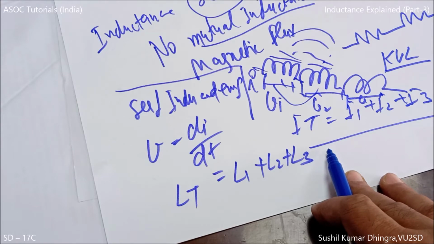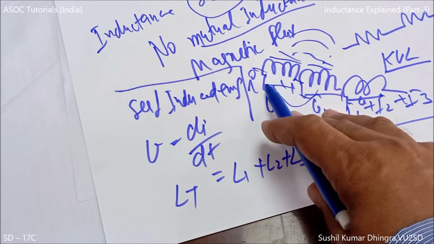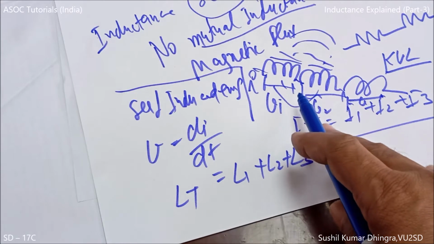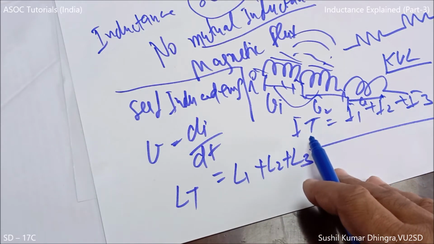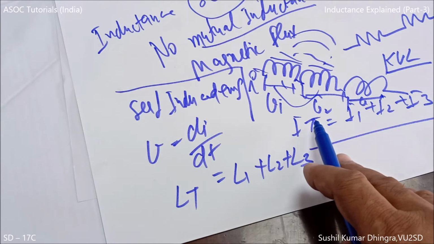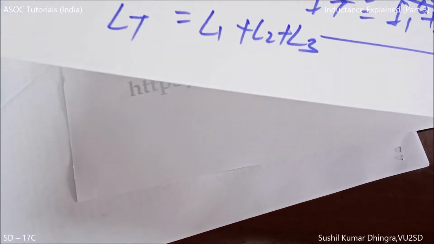The above equation only holds true when no mutual inductance or magnetic flux is coupling between two or more inductors, or in other words, in simple language, they are magnetically isolated from each other.